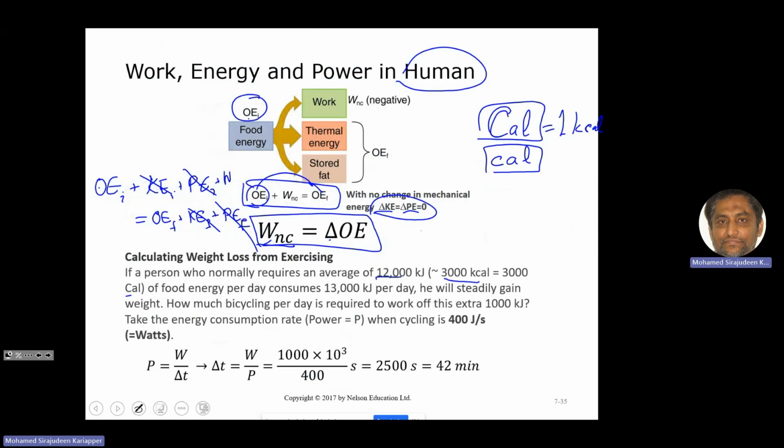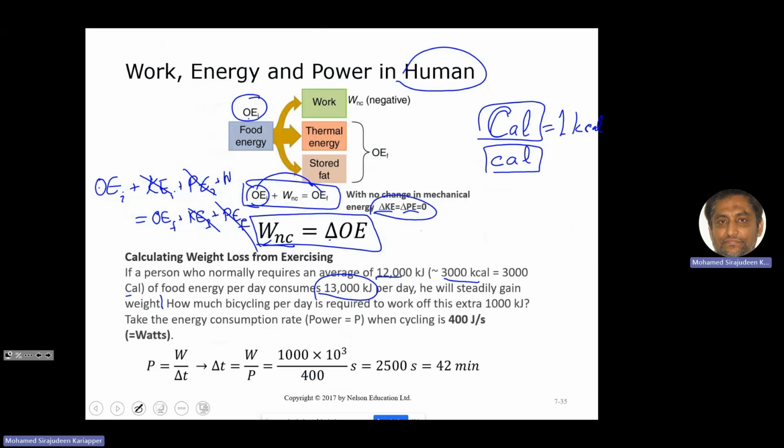But suppose he consumes 13,000 kilojoule per day, what happens? Every day he will have an extra 1,000 kilojoule deposited in his body. So he will gain weight, because the excess calorie will be deposited as fat or liver or whatever, glucose, something.